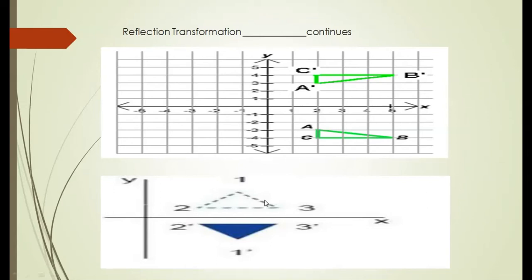The original coordinate is (x, y) and the reflected coordinate is (x, -y). So the x coordinate remains the same but the y coordinate changes. That is, if the original coordinate is (3, 4), then the reflected coordinate is (3, -4).